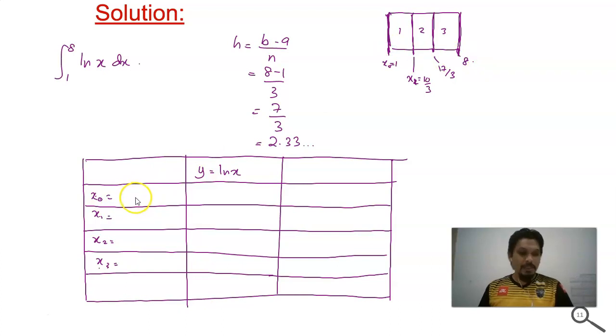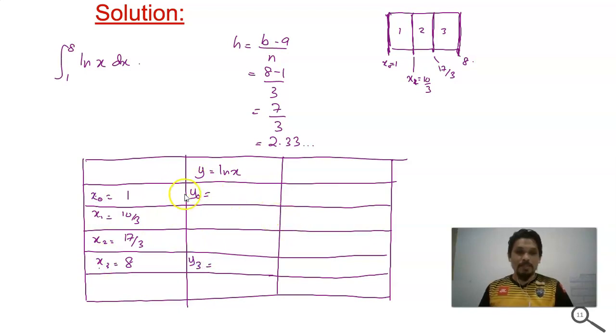So now here is 1, this is 10 over 3, and this is 17 over 3, and here is an 8. So x0 until x3, and here y0 until y3.